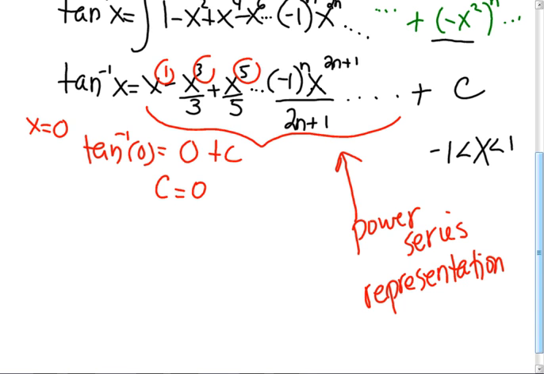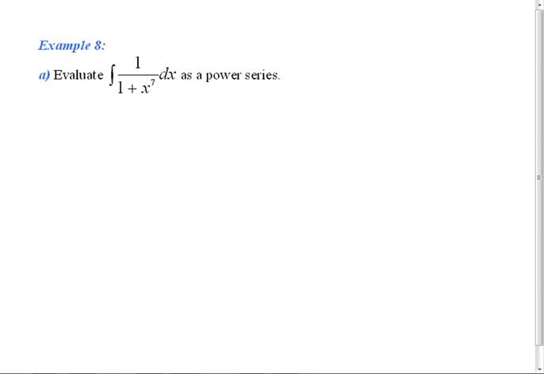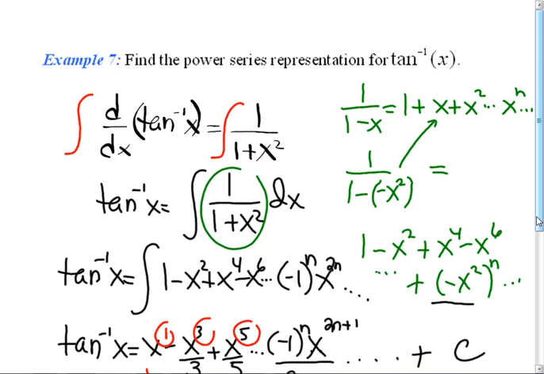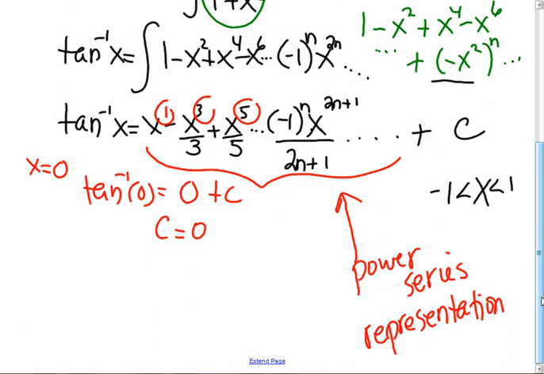Sure. Let's try the last one. These are power series representations because, if I want to integrate x times inverse tangent of x, we don't know how to do that. But we can. If we multiply x times inverse tangent of x, you're going to get x squared, x to the 4th, x to the 6th. Could you integrate the right-hand side? Yes, easily.